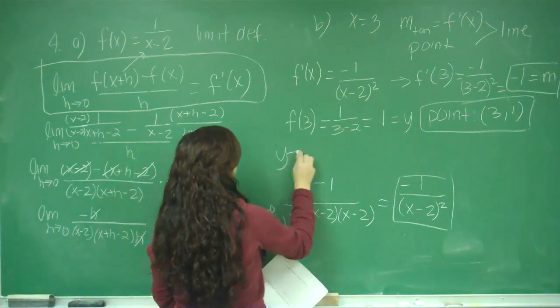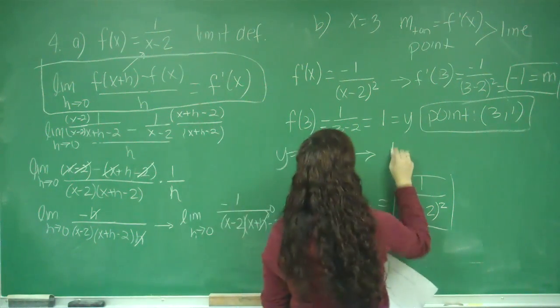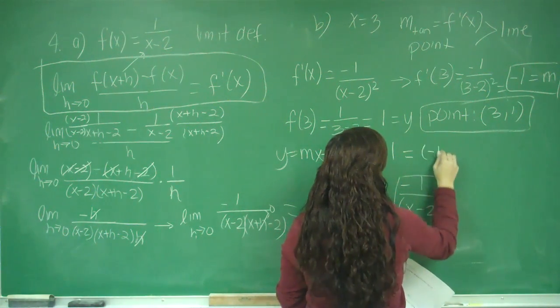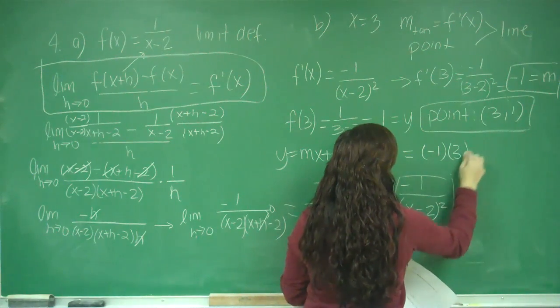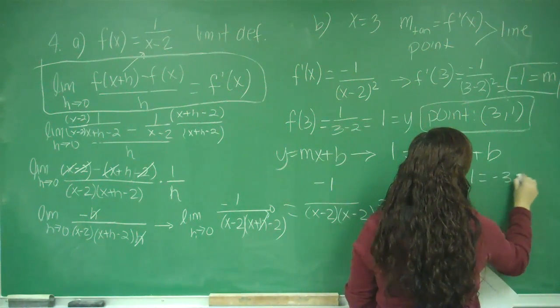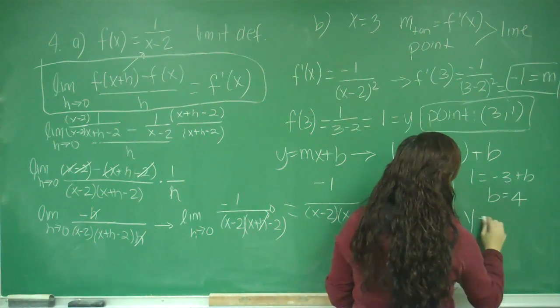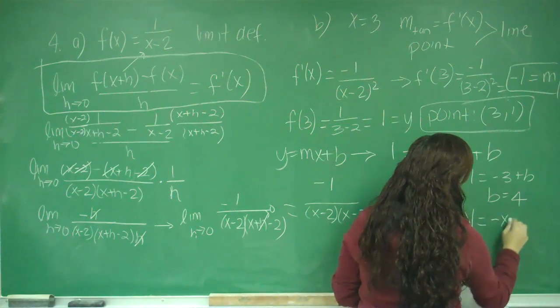So we know that y equals mx plus b. So I say that 1 equals negative 1 times 3 plus b. So 1 equals negative 3 plus b. b equals 4. So my equation is y equals negative x plus 4.